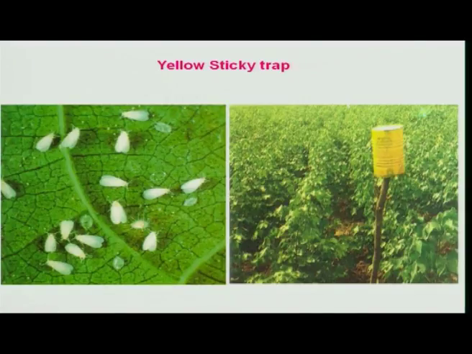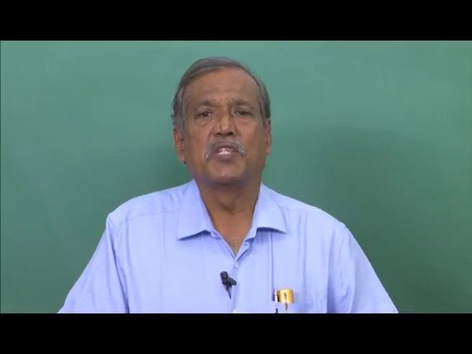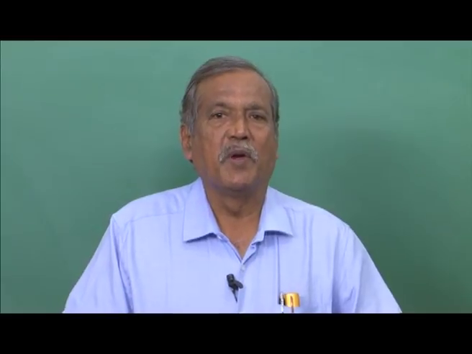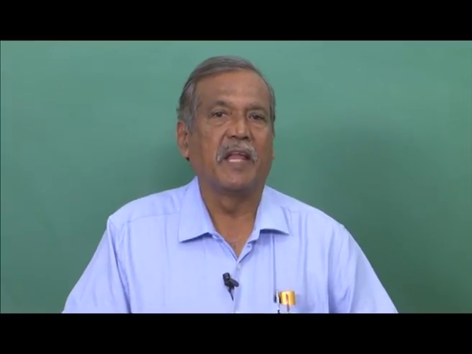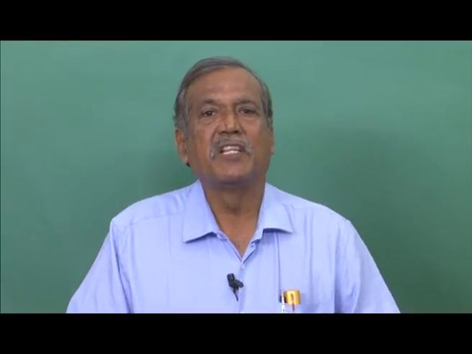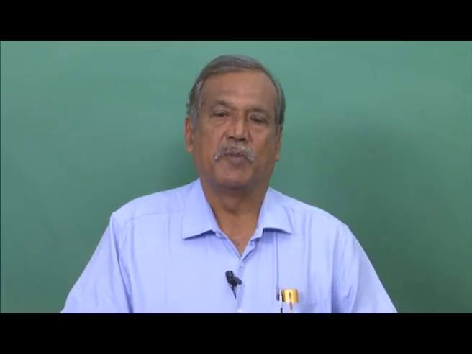For a simple trap, maybe the insecticide container itself after its use can be painted with the yellow color, and to this we can smear some greasy material. Again, castor oil can be one of the cheapest greasy materials, smeared and then placed in the field. The placement is most important.